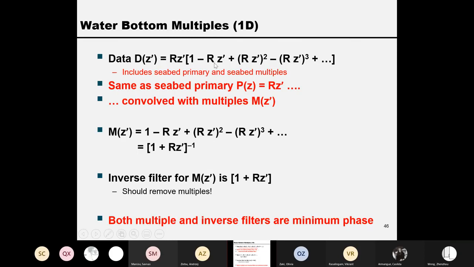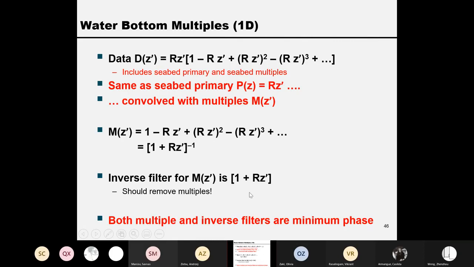This polynomial is a Z transform, right? And this is the Taylor expansion of 1 over 1 plus RZ prime. So the filter of multiples is 1 over 1 plus RZ prime. The inverse filter of multiples is basically the denominator, 1 plus RZ prime, right?